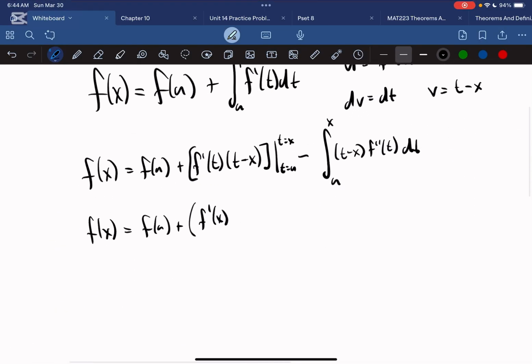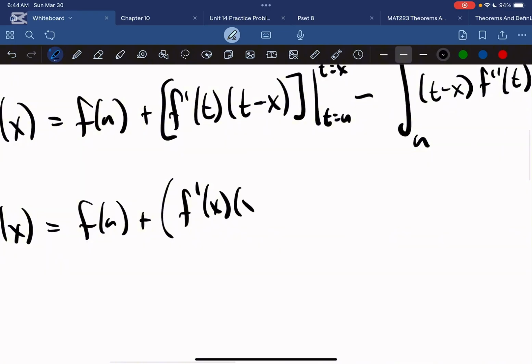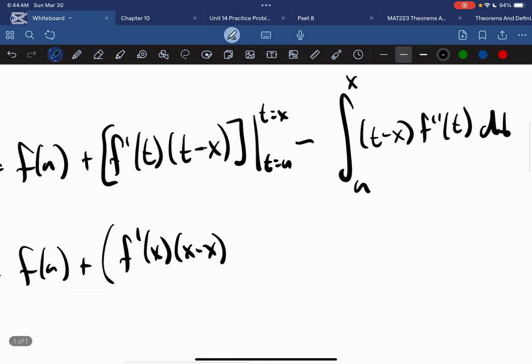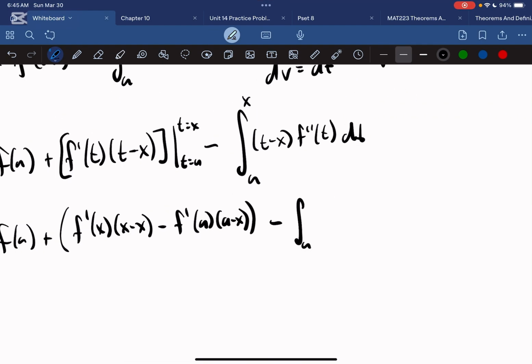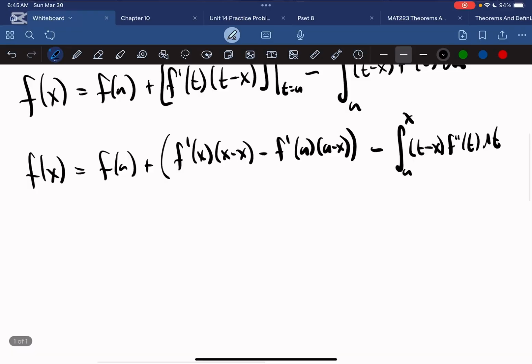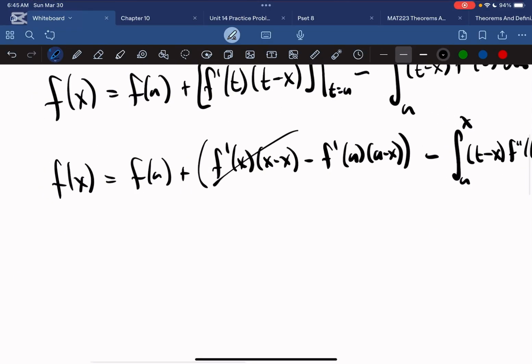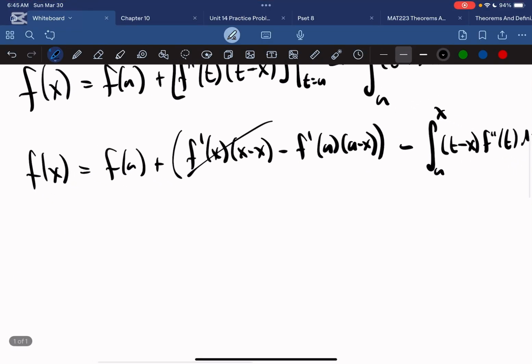And we'll see why that matters in a little bit. So now we have x minus x, minus f prime at a times a minus x. And then this integral over here remains the same. And now we know this cancels to 0 because x minus x is 0. And x is a constant, it doesn't vary. Even if it did vary, this would still cancel to 0.